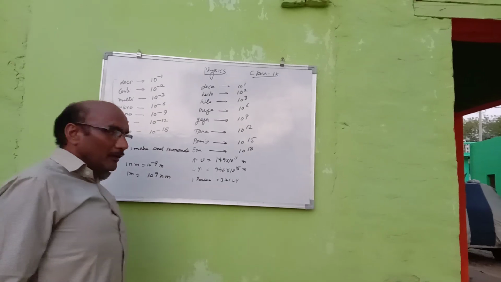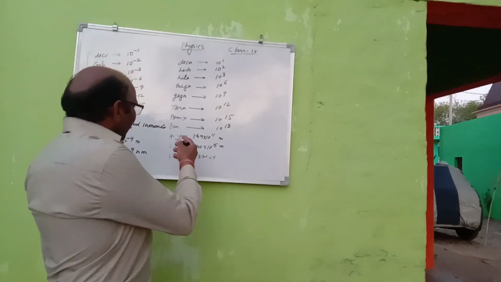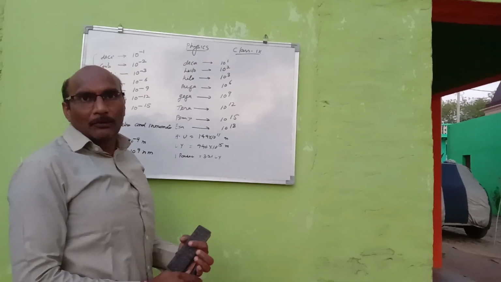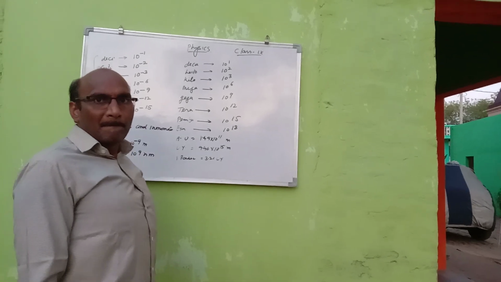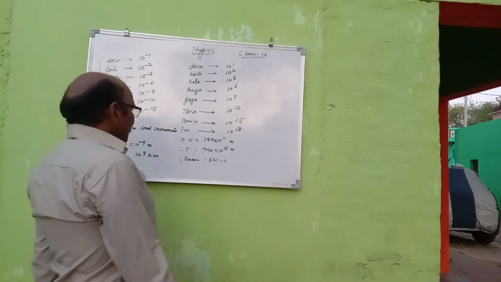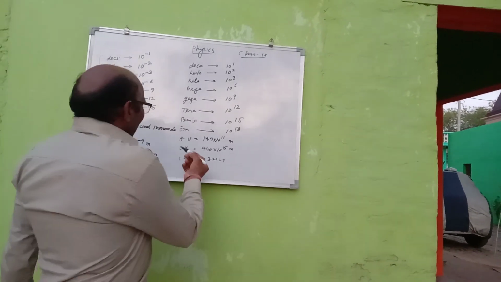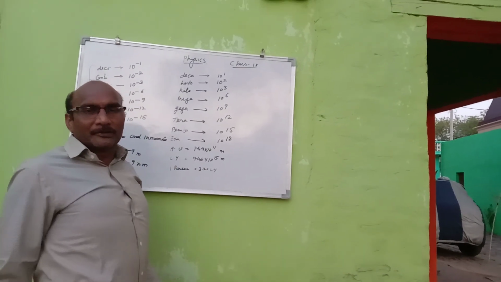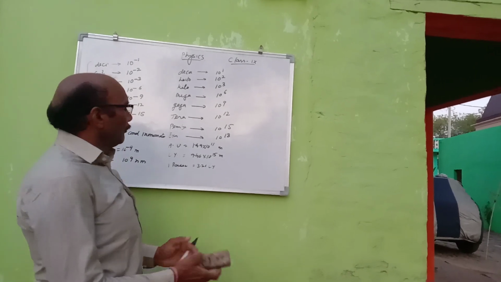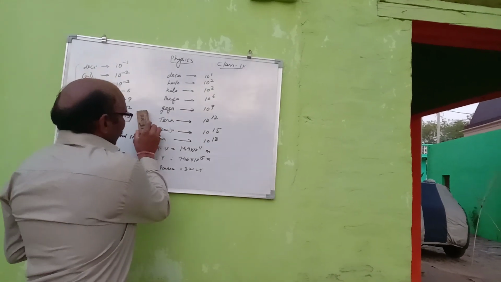Now some other greater units of distance. The unit is 1 astronomical unit. Very important topic. I hope we all will get the knowledge from this point.